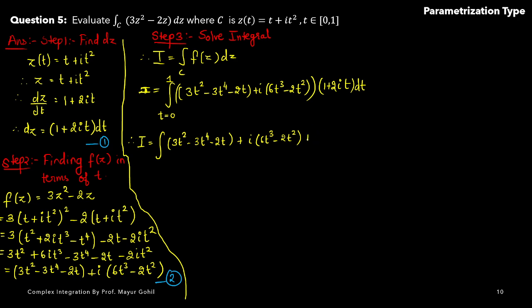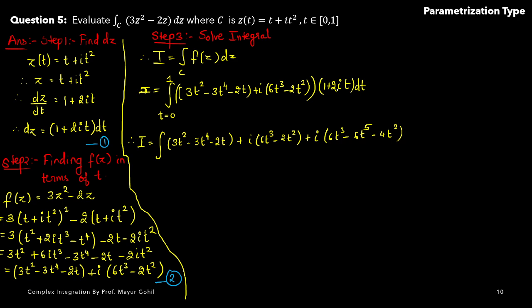Now there is again i, so the first term comes as it is, because it is 1. I am keeping the i outside, and 2t I am multiplying into each of the terms, so it is 6t cube. 2t multiplied to this is going to be minus 6t raised to 5. Then 2t multiplied to this is going to be minus 4t square.